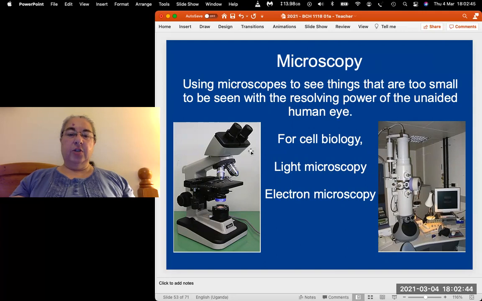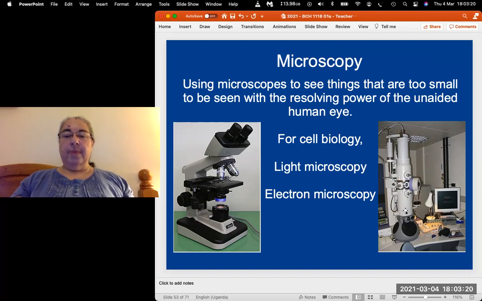So this is an instrument that uses light and takes it through a series of lenses which magnify the image and allow an observer to see a much magnified image of a specimen that's on a slide on this part. So a light microscope can allow things to be seen that are not visible to the human eye.